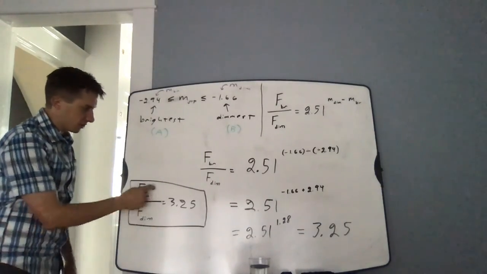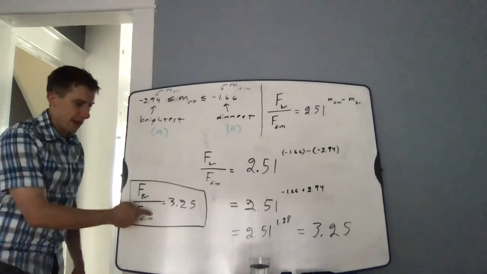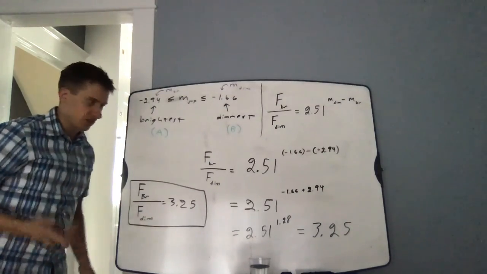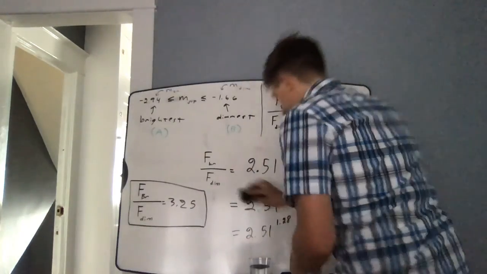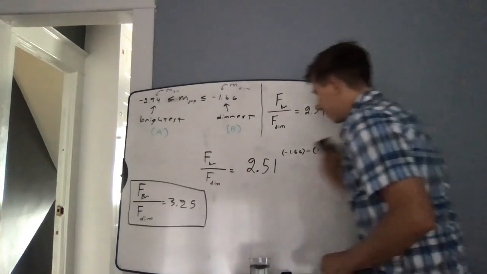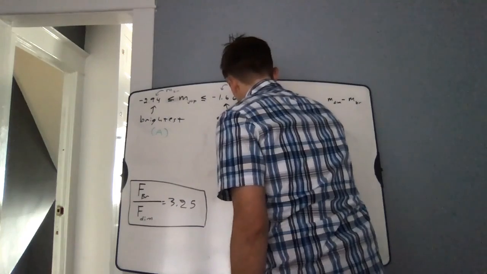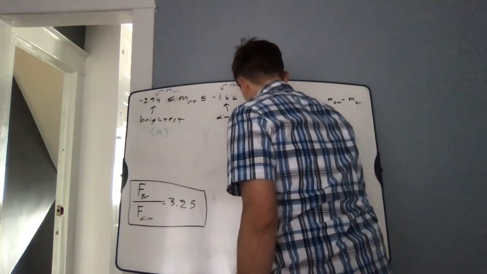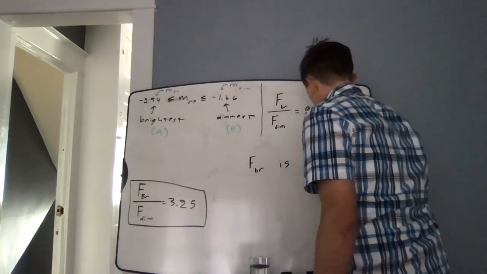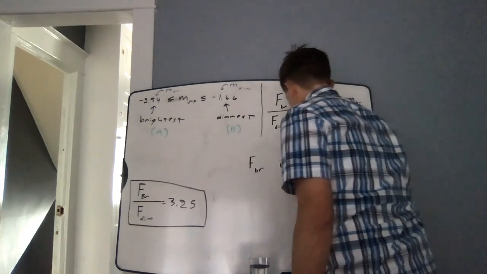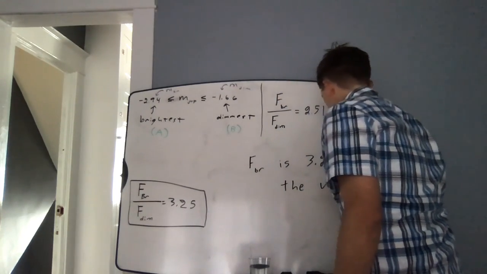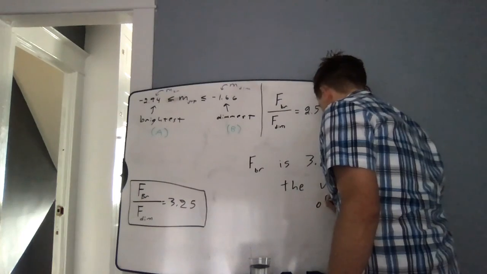I'm comparing these two numbers. I don't know the actual value for individual numbers. So, as I said, I could say F bright is 3.25 times the value of F dim.